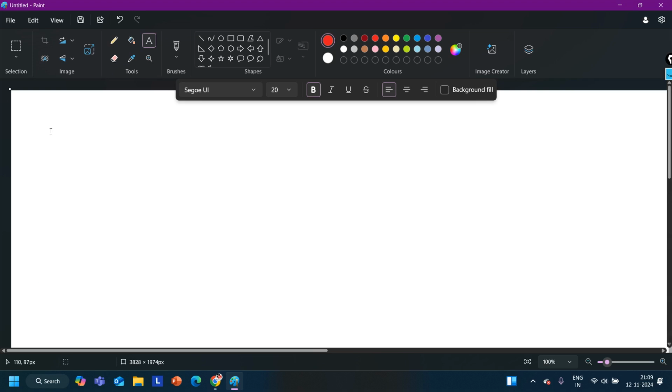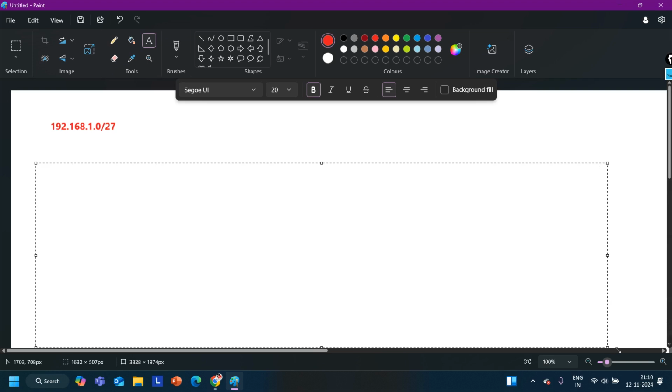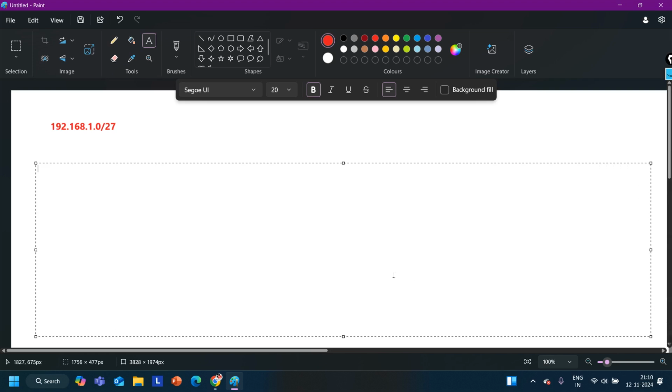Done. For 192.168.1.0/27, you guys tell me how many networks are there? 8. Tell me the network ID of the first subnet, second subnet. Block size is 32.